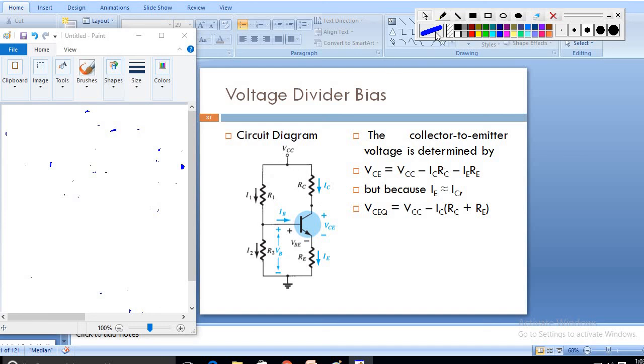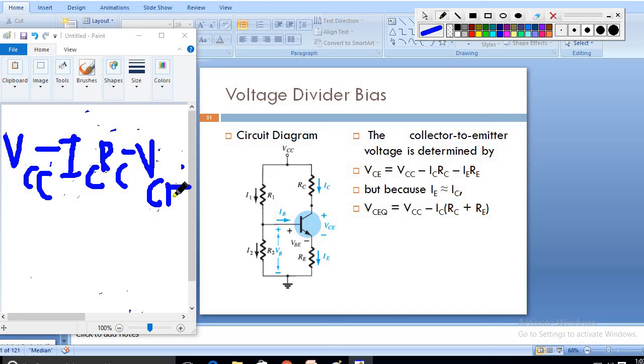So VCC, again a fall in potential, plus and minus, minus ICRC, again minus VCE, and again a fall in potential, so minus IERE. This equals 0. After rearranging, VCE is equal to VCC minus ICRC minus IERE.